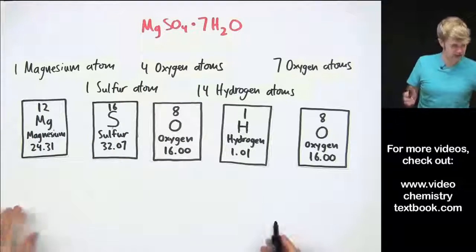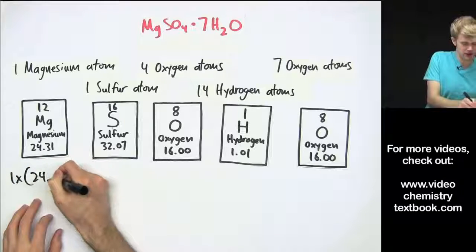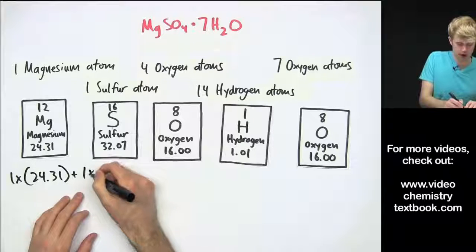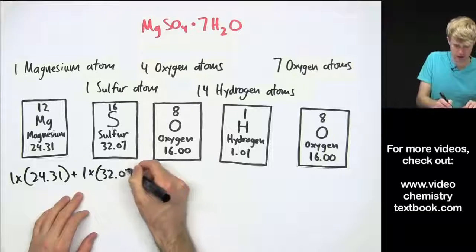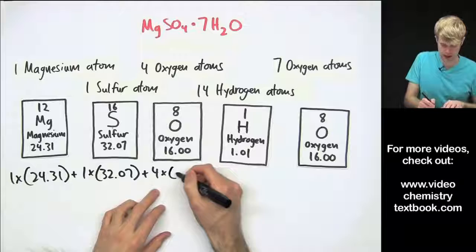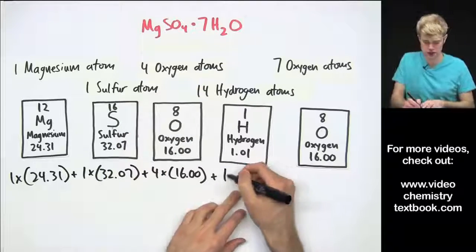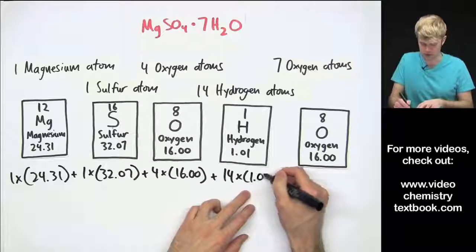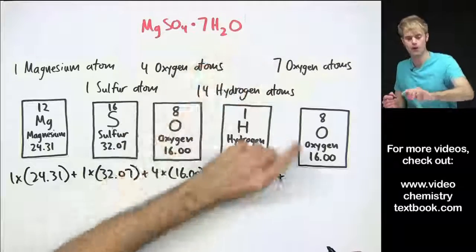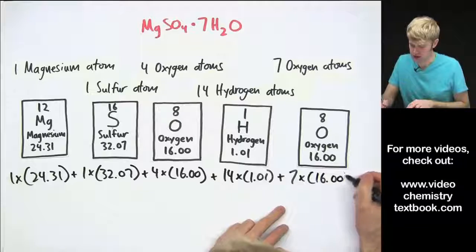Anyway, the math for this is going to be 1 times how much magnesium weighs, 24.31, because I got 1 magnesium, plus 1 times how much sulfur weighs, plus I got 4 oxygens right here, so 4 times 16.00, plus I got 14 hydrogens, 14 times 1.01, and finally we got these other oxygens that are in the hydrate part, or in the water part of this, so we got 7 times 16.00.